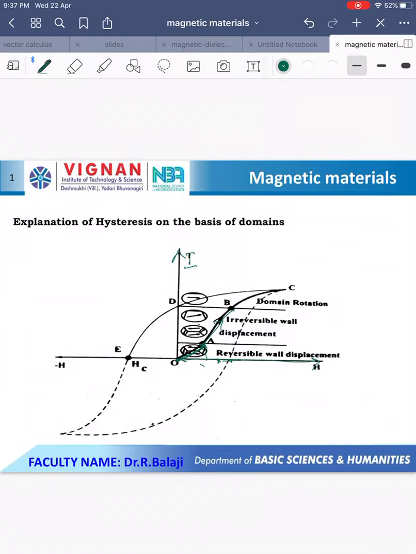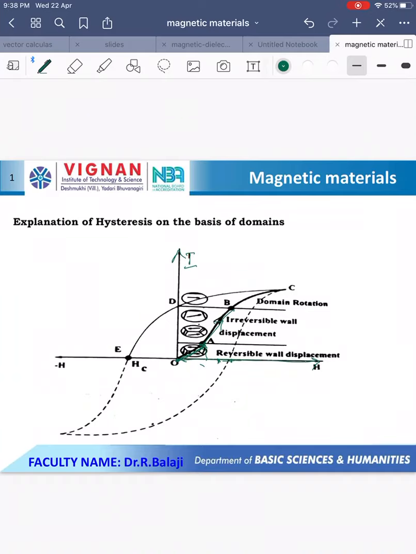Here, on removing the magnetic field, the domains do not attain their original state because the displacement of the domain wall is large. When the field is further increased, the domains start to rotate along the field direction. The displacement of the walls no longer comes under the field.